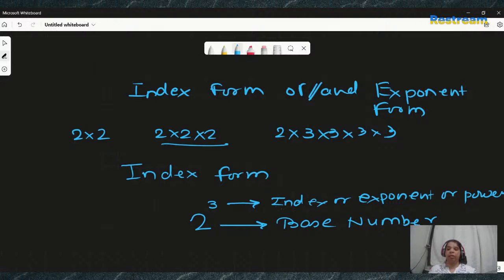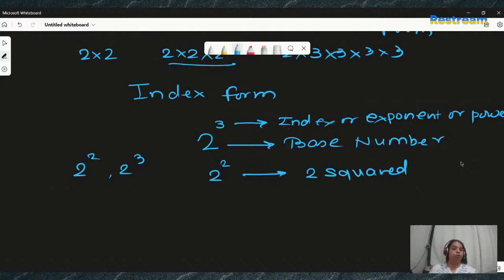So till 2 raised to 2, 2 raised to 3, we have different names for that. So anything raised to 2 is called squared. Okay, so 7 raised to 2 is 7 squared, 4 raised to 2 is 4 squared. So it is 2 into 2 basically, or 7 into 7, or 4 into 4.